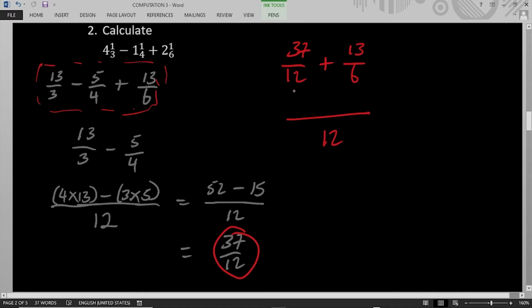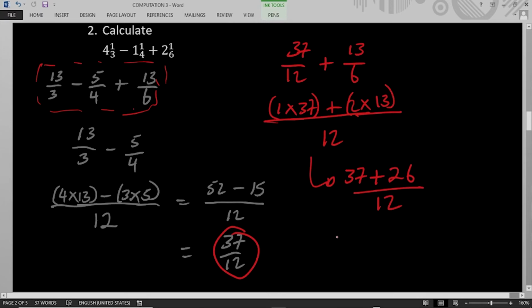So 12 into 12 is 1, and 1 times the numerator, which is 37, plus 6 into 12 is 2, and 2 times the numerator, which is 13. 1 times 37 is 37, plus 2 times 13 is 26, so 37 plus 26 over 12.